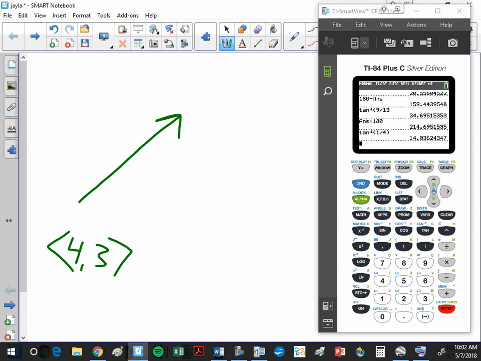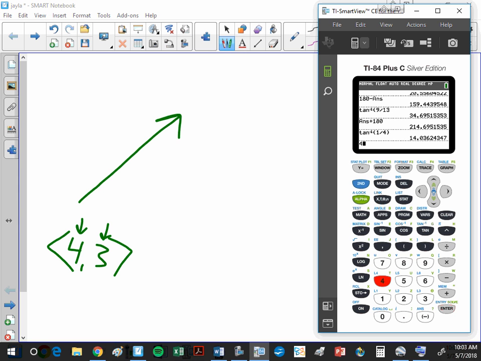How do I increase my vector by 20%? Well, not really. I don't need the magnitude. So what can I do to each one of these numbers to increase it by 20%? Multiply it by, how about 1.2?